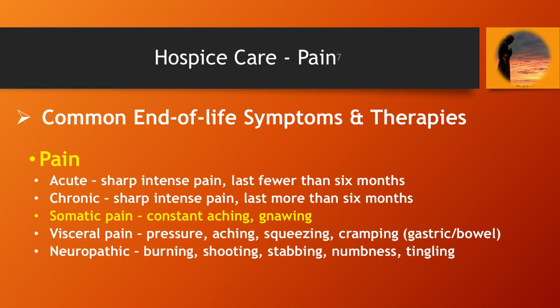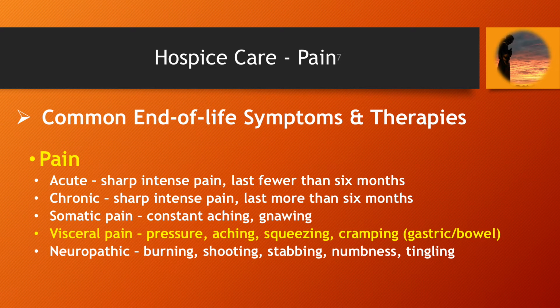Examples of somatic pain can be found in joint pain, arthritis, osteoporosis, cancer that affects the skin or bones, cuts, burns, muscle strains, etc. Visceral pain can be described as a pressure, aching, squeezing, cramping type of pain, usually located within the trunk of the body.